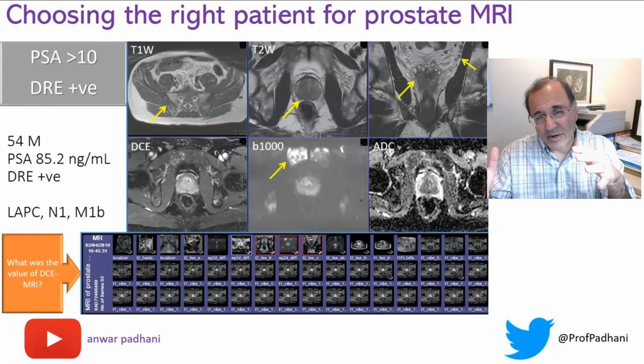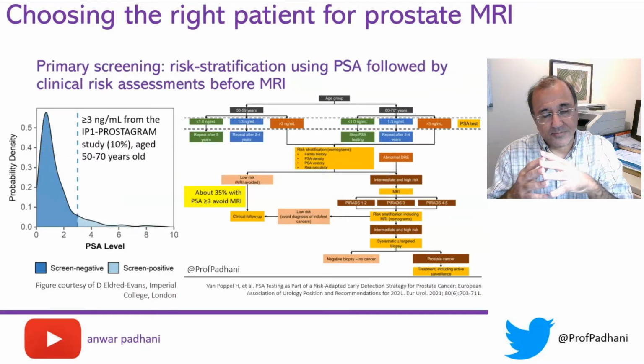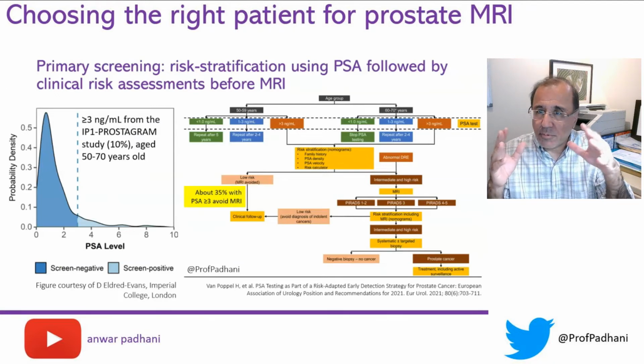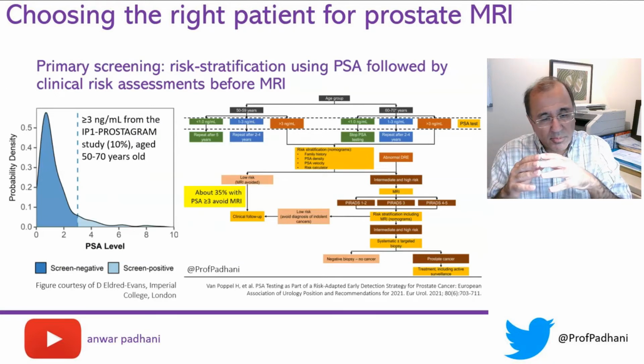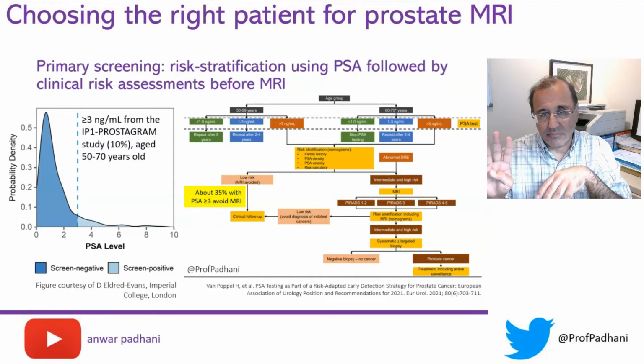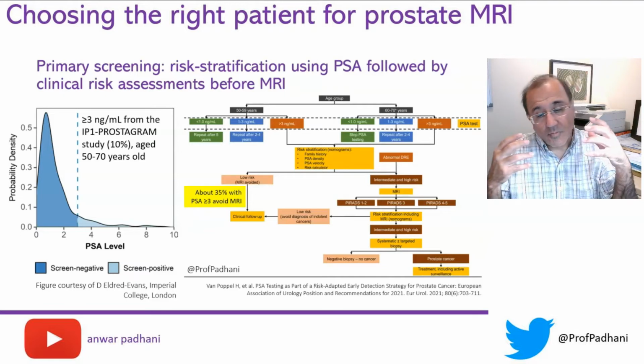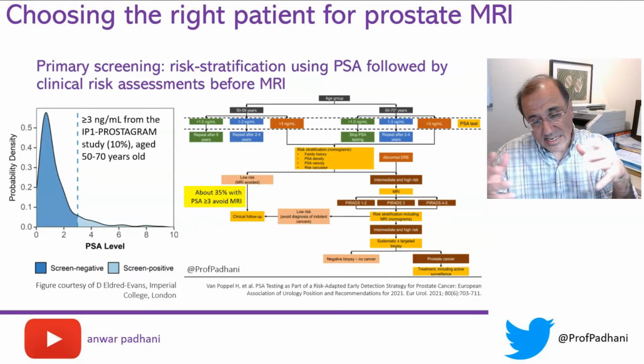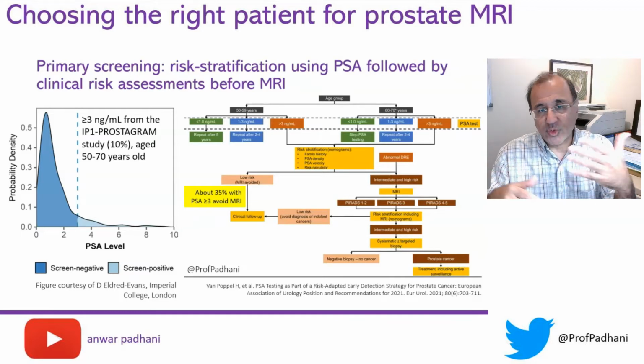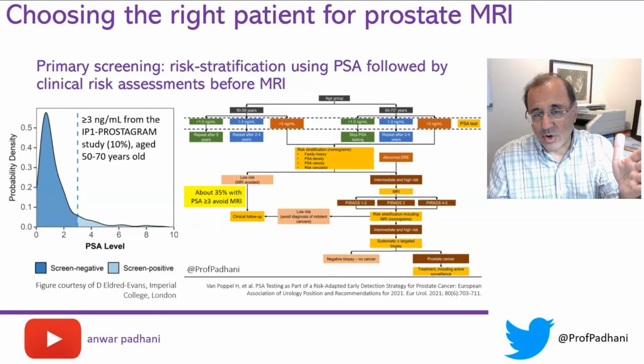Next, let's talk about screening. Now, in primary screening, what we have to remember is that the prevalence is 4%. That's the background prevalence. Okay? And if you were to do PSAs in the general population, you will see a histogram that you see on the left-hand side.